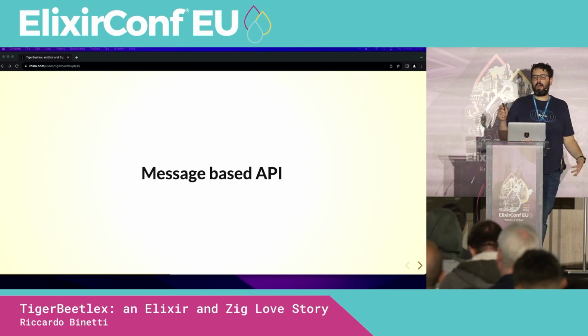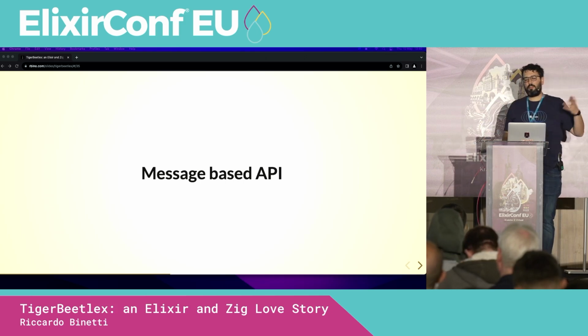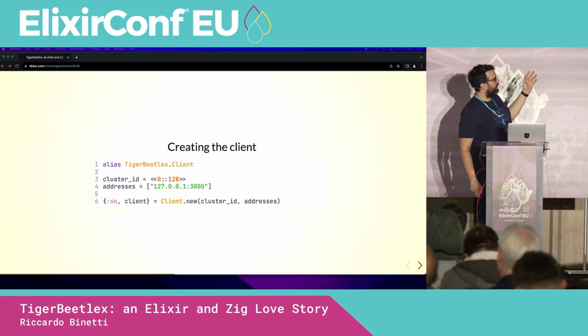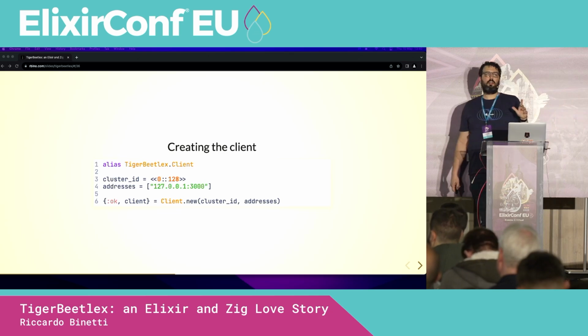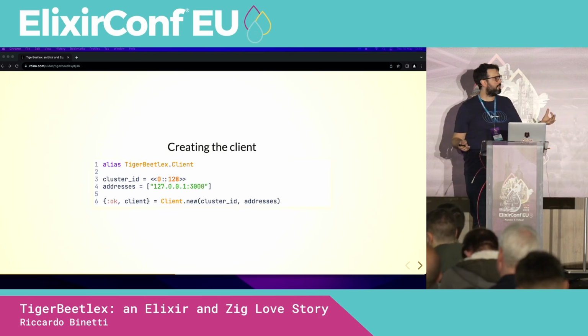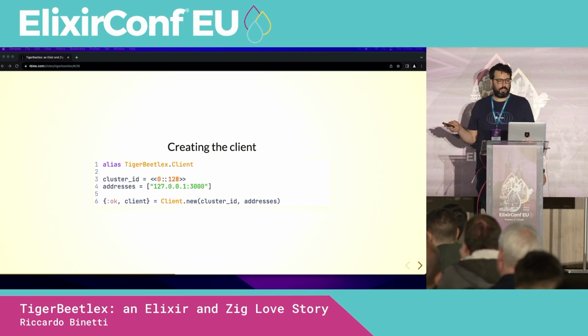Let's look at how you actually use TigerBeetlex from Elixir. Let's start from the message-based API. You create a client basically just by passing a cluster ID, which is a unique 128-bit identifier of the TigerBeetle cluster, and you pass all the addresses of all the replicas.